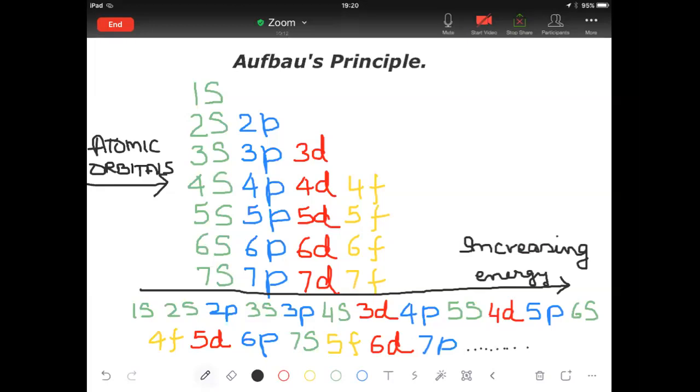The S subshells are shown in green, the P orbitals in blue, the D orbitals in red, and F in yellow. If more orbitals were required, they would be called G, but these subshells and orbitals are enough to fill the electrons of the element with the highest atomic number. This is for the first shell.